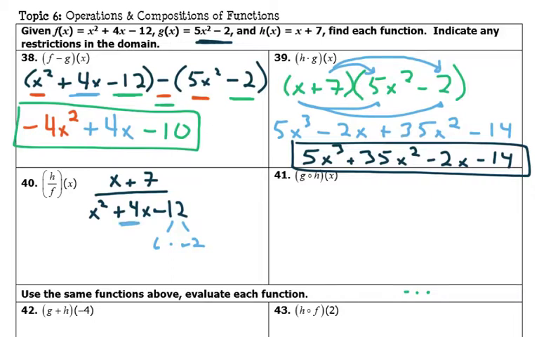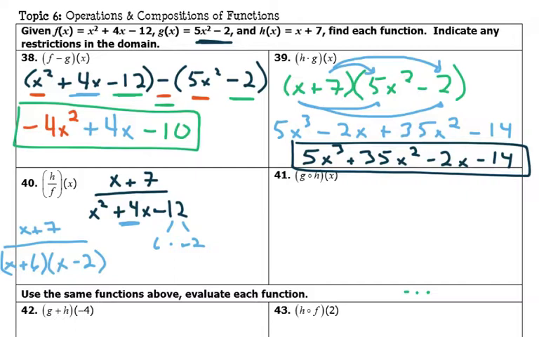So this will end up being x plus 7 over x plus 6 times x minus 2. We were hoping to find x plus 7 so we could cancel them out, but we don't have that. They can't be canceled out.